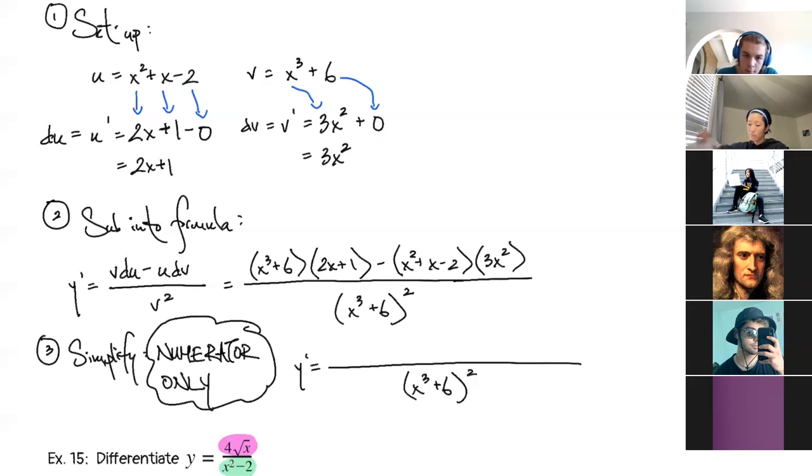Okay. And so when we take a look at that numerator, I believe, let's see, we get 2x cubed, 2x to the 4th plus x cubed plus 12x plus 6. And then minus 3x to the 4th minus 3x cubed plus 6x squared.